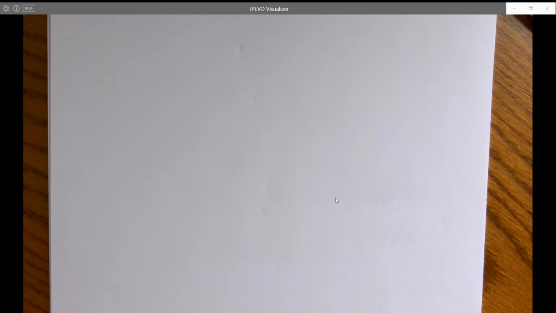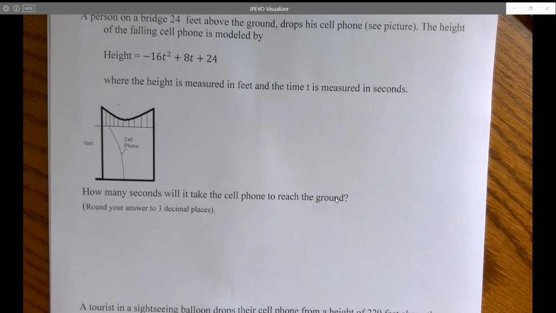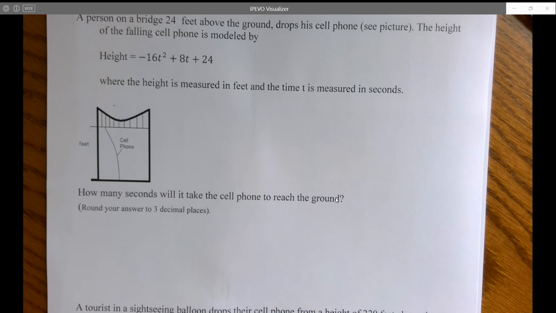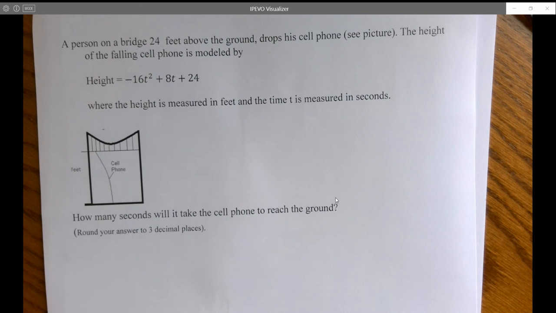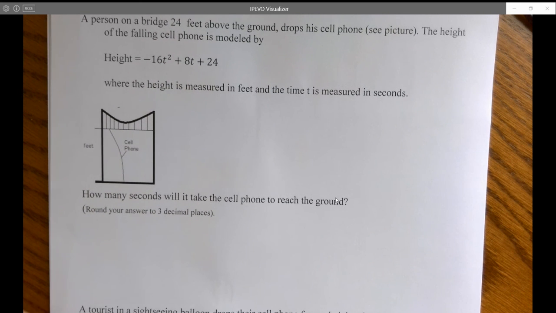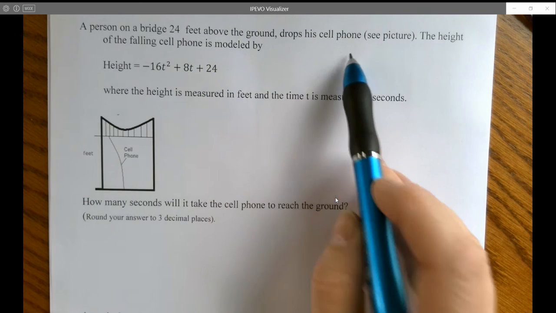We have one more word problem. Okay. A person on a bridge 24 feet above the ground drops his cell phone.